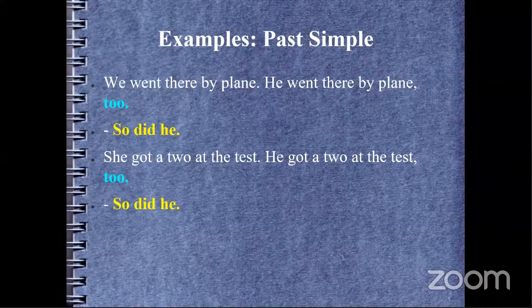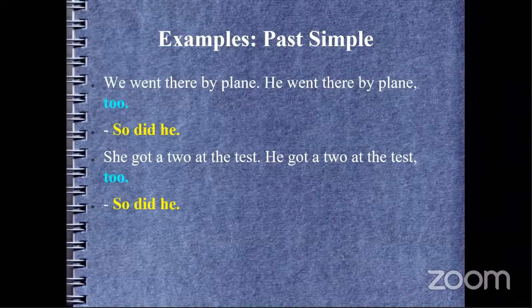So did I, so did you, so did he, so did she, and so on. We went there by plane. He went there by plane too. So we can say, we went there by plane, so did he. Ella viajó allá por avión. Él también. So did he.